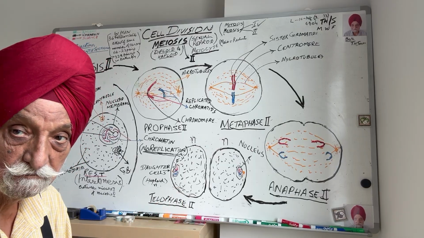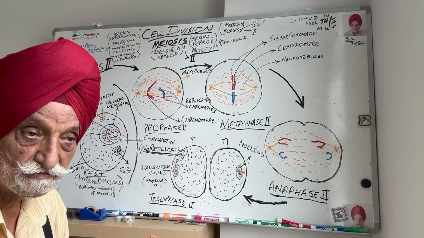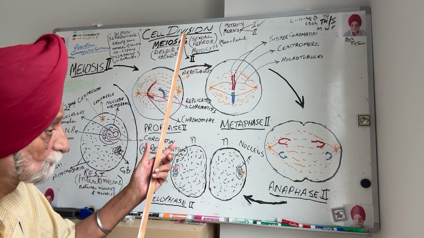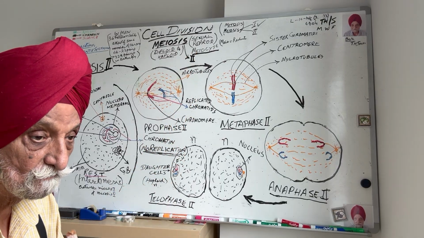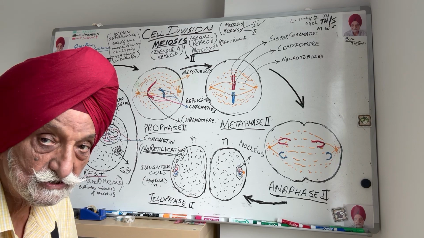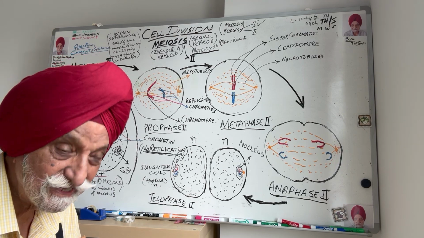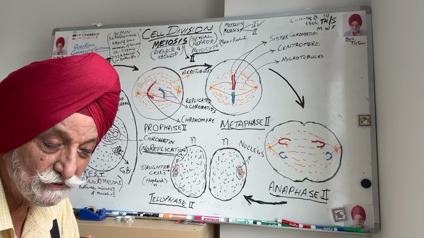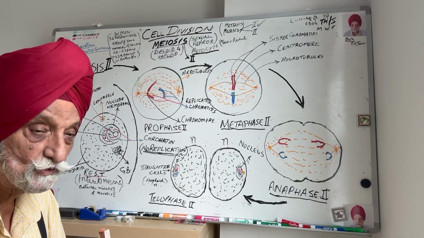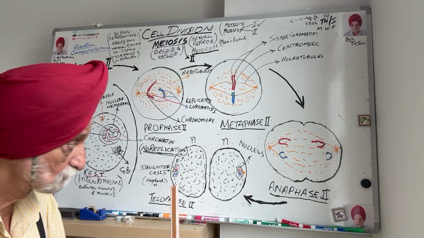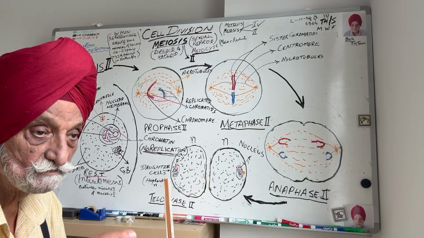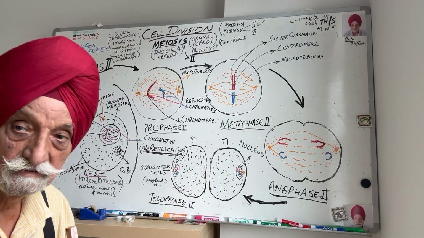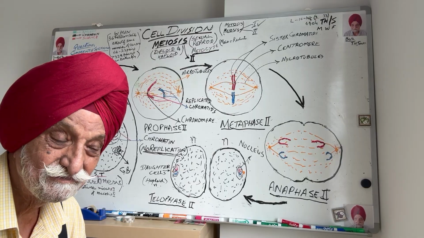This is the process of reductional cell division that has been brought in for sexual reproduction. So we shall see how the gametocytes, I mean the spermatocytes and oocytes, change into the sperms and the ovum. That's all in meiosis II.